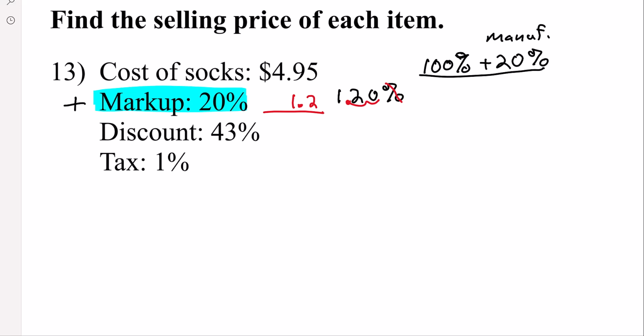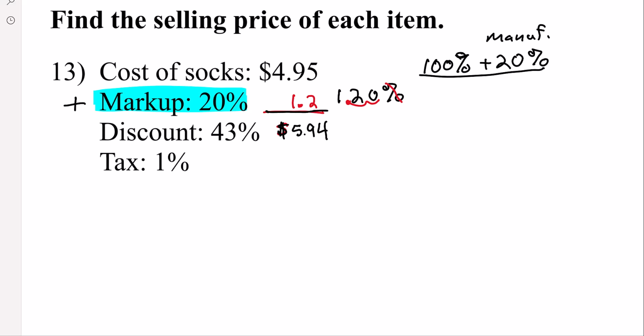Then you take, either by hand or with your calculator, $4.95 times 1.20 or 1.2, and you get exactly $5.94. Sometimes you have to round.